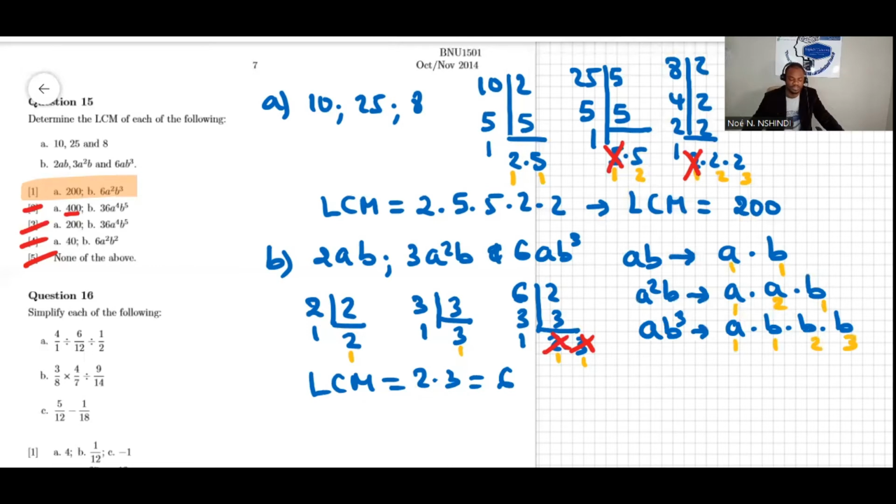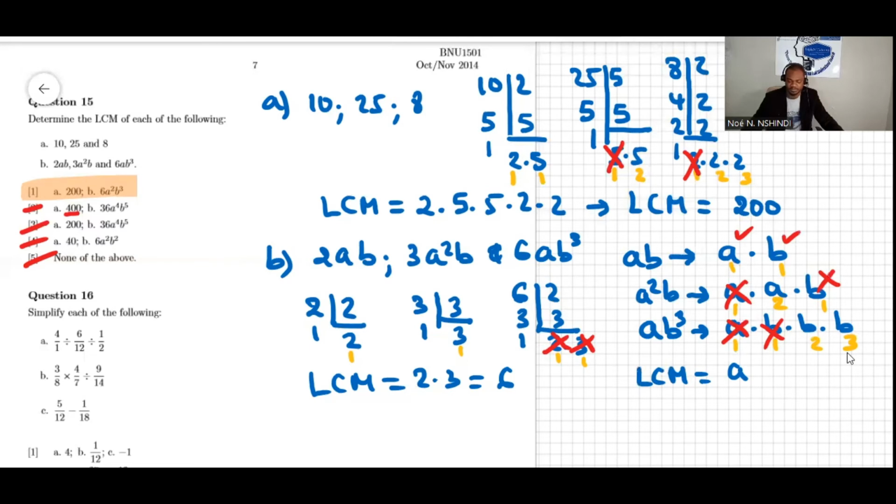Now, to get the variables, I cannot take those that repeat. I cannot take A1 here. I cannot take A1 there again. Because A1 is there, B1 is here. I cannot take this B1. I cannot take this B1 either. Now, the LCM of the variables will be A. I take this A1, A2, B2, and B3.